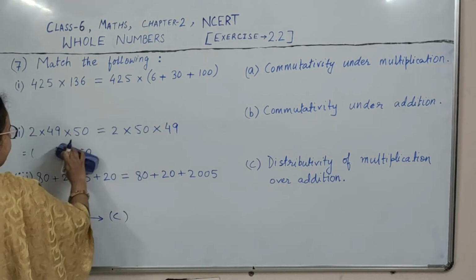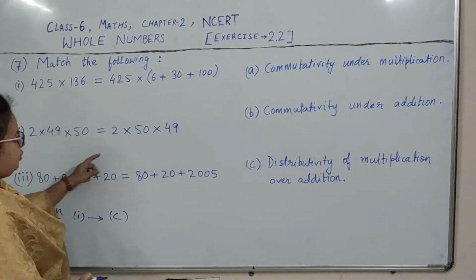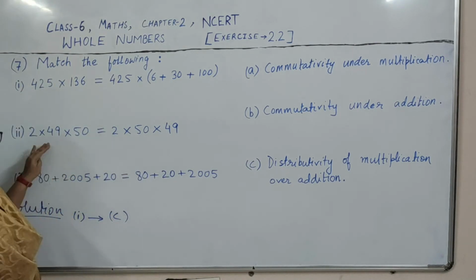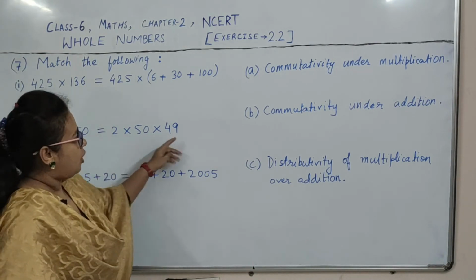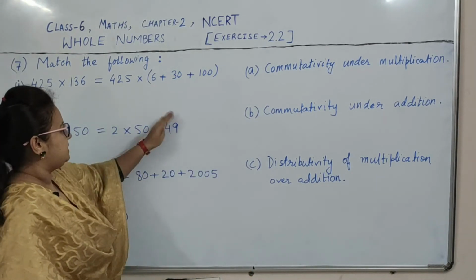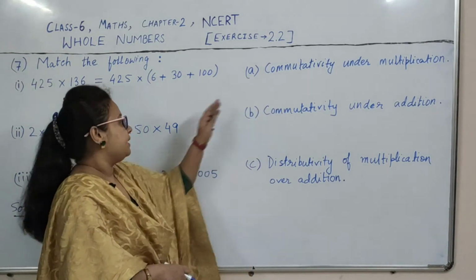This property of interchanging the numbers is known as commutativity, and since these three numbers are in multiplication, this is commutativity under multiplication. The numbers are exchanged, so this is known as commutativity under multiplication.